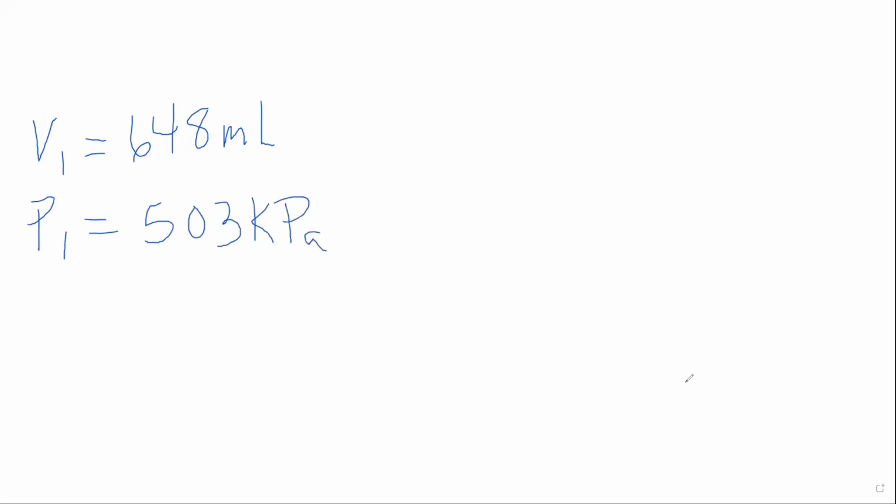Question is, to what pressure would the methane have to be compressed in order to get a volume of 216? So volume 2 is 216 milliliters. And the question is the pressure 2, right?